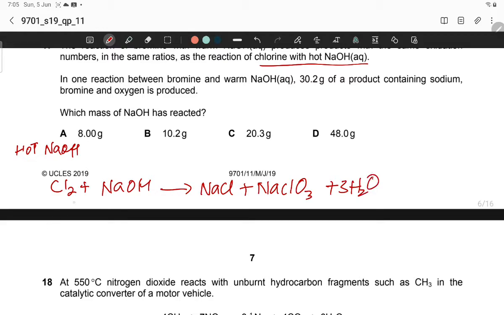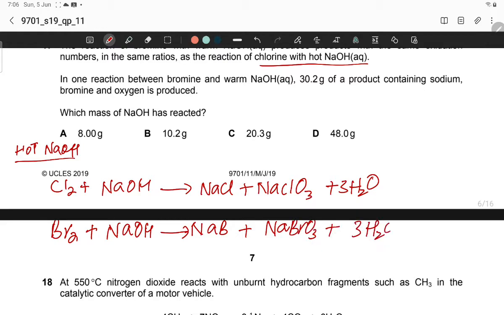So similar reaction with the bromine with hot sodium hydroxide: plus sodium hydroxide, NaBr plus NaBrO3 plus 3 water molecules over here.